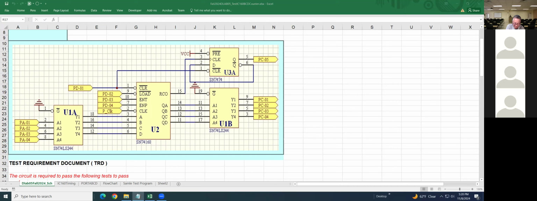That's number 1. Okay, and the test title: Load 0101.